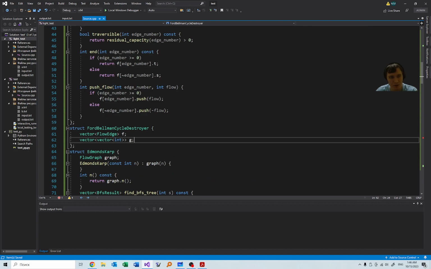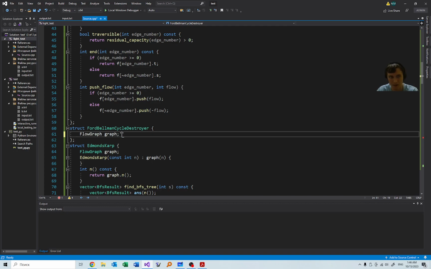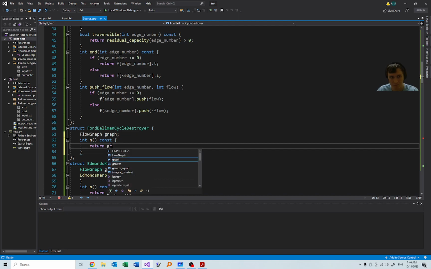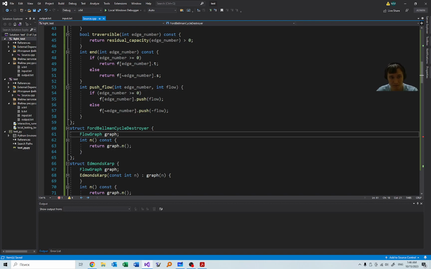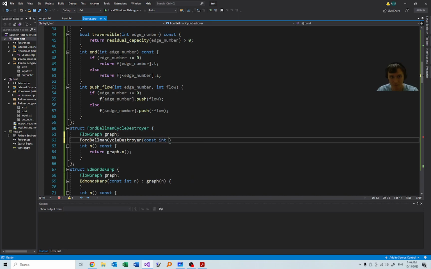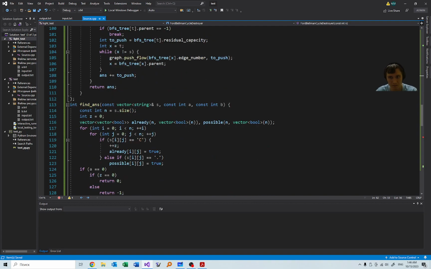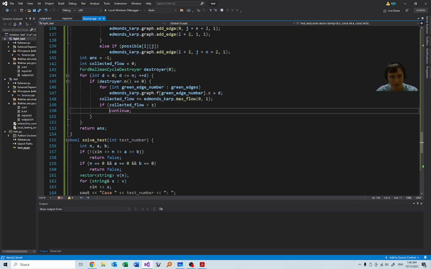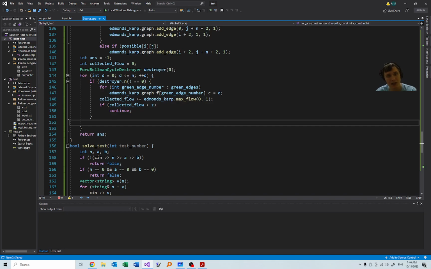Yeah, because Ford-Bellman cycle destroyer also contains a graph. So here we say that it is 0.